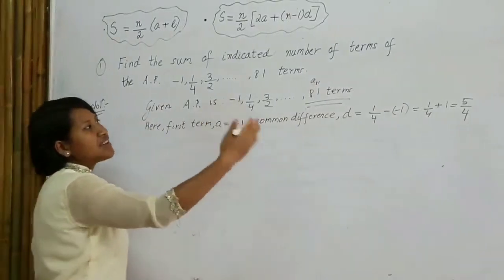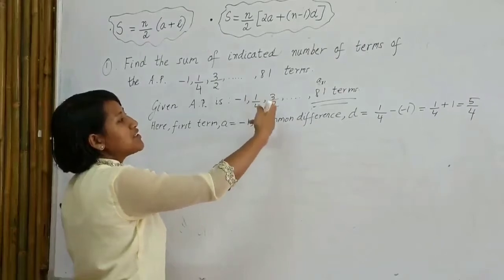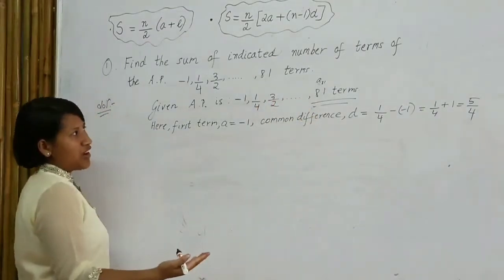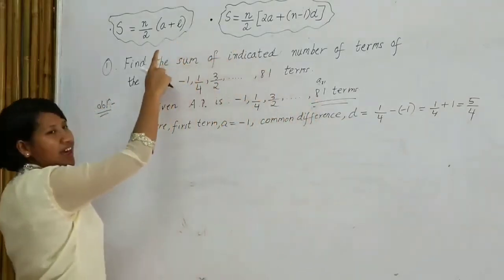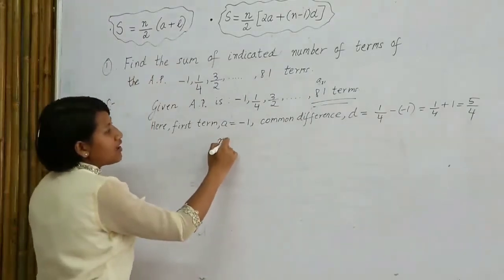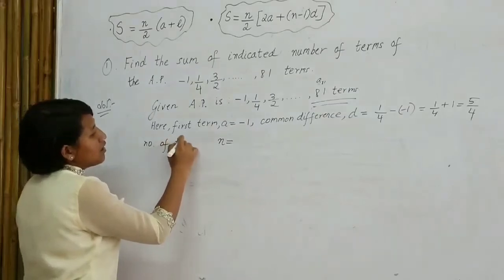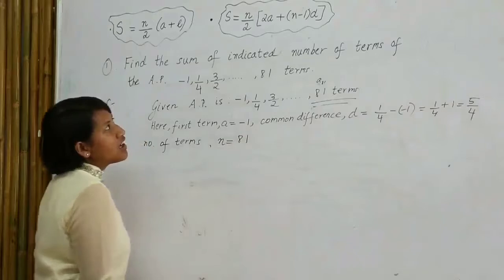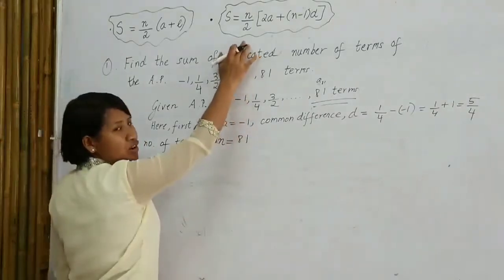Means you're finding the sum of -1 plus 1/4 plus 3/2 plus, it goes on till A81. So this 81 here is not L, in fact it is N. N means number of terms, and it is 81. So when A, D and N are given, we have to use this formula.